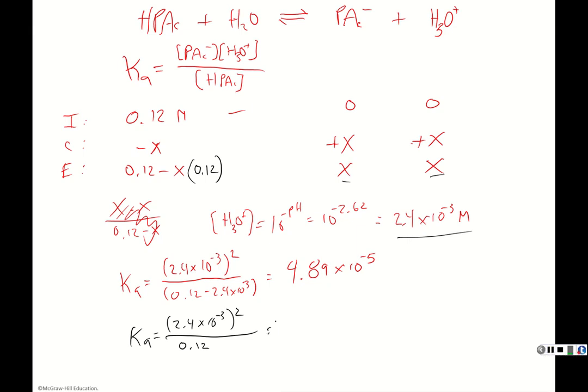So now we're getting 4.8 times 10 to the minus 5. And if you actually compared these values, you would see that it's only about 2% off between the two. So this simplifying assumption really holds well. That's an acceptable amount of error. So we'll pick up here next lecture and work through more equilibrium problems with acid-base chemistry.